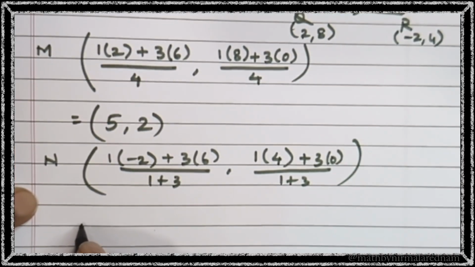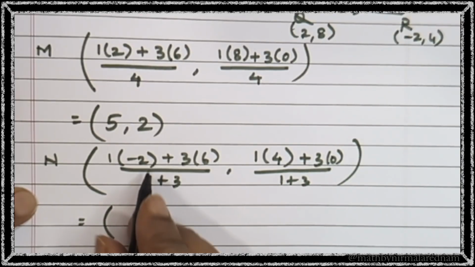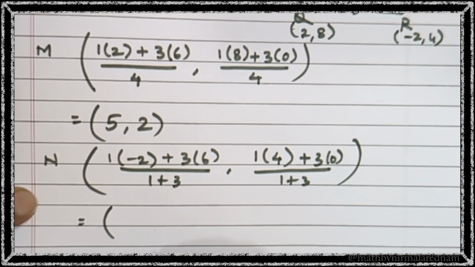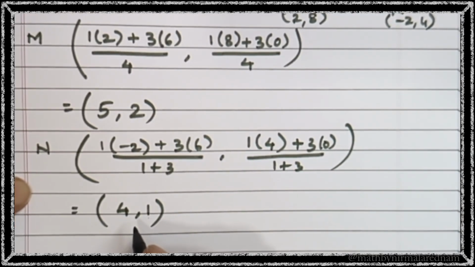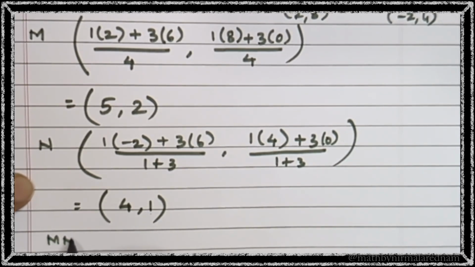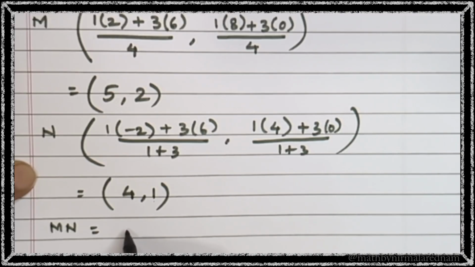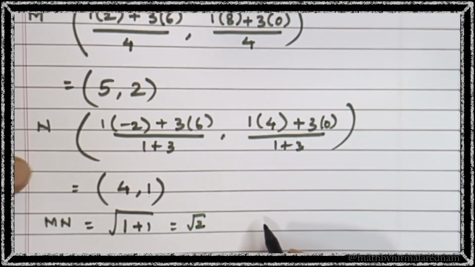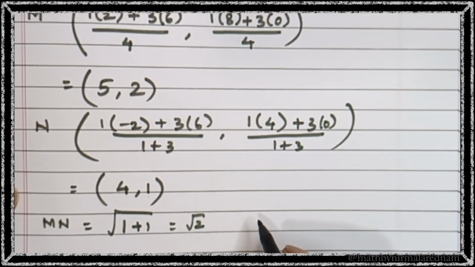So on simplifying this, I'm going to get 18 minus 2 is 16, by 4 is 4, okay, and 4 by 4 is 1. So these are my 2 points, and from this I can find MN as x2 minus x1, which is 1, 1 square is again 1, and 2 minus 1 is 1 square. So root 2 is MN, right?